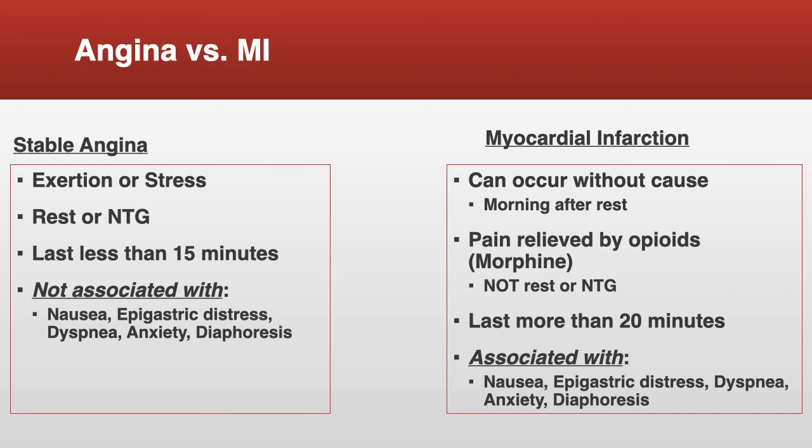Whereas your MI client is going to have pain that starts early in the morning, especially after they've rested all night. The pain's relieved by opioids such as morphine. Now we're going to try nitroglycerin and rest when the client first comes into the ER or they're on the floor at the hospital.